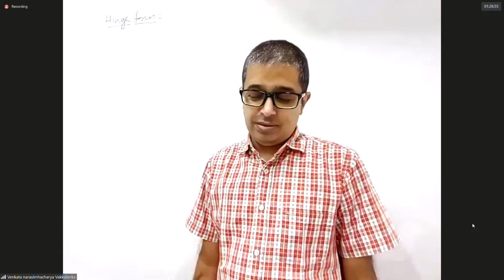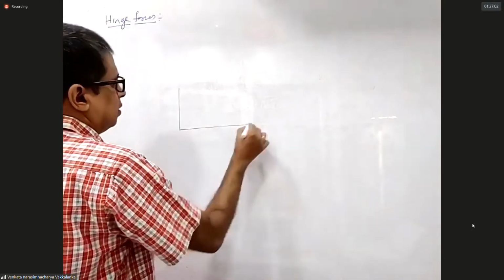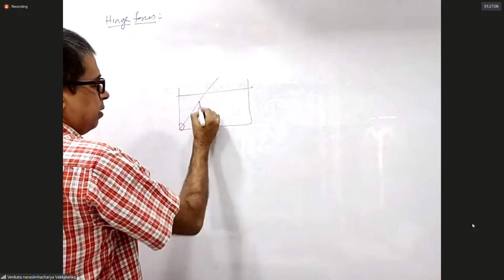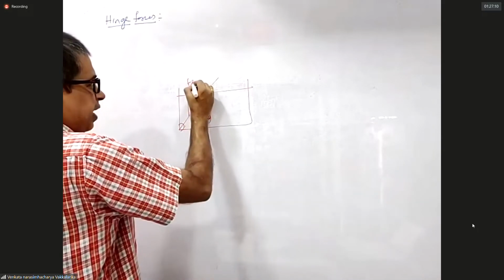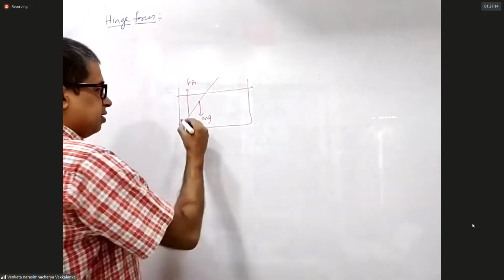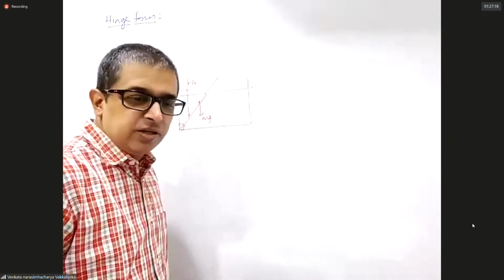Sorry, I got disconnected. I just saw the diagram, the last statement you said. If this is the hinged rod, mg will be acting at its center of mass. Buoyancy will be acting at the centroid of the displaced liquid, because buoyancy is the weight of the liquid displaced.